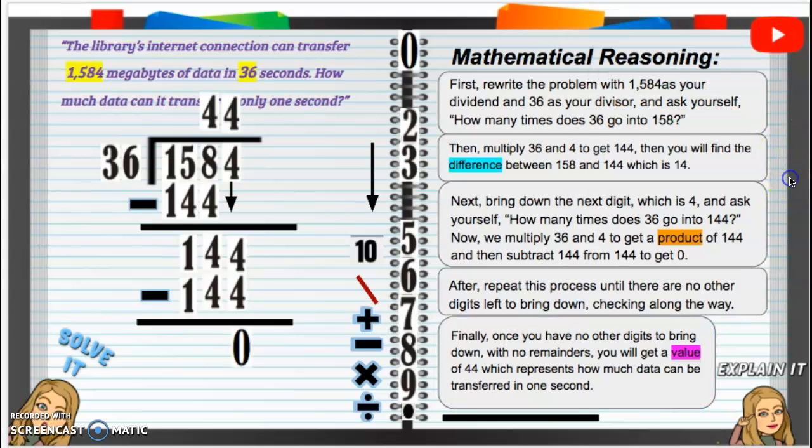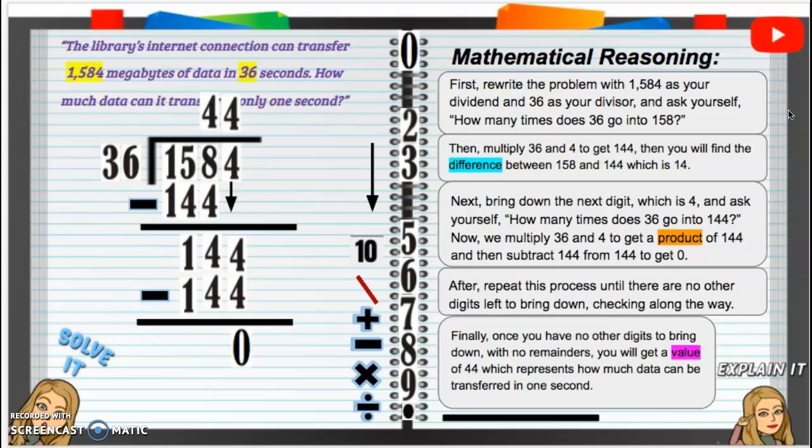All right, so first we rewrite the problem with 1,584 as your dividend and 36 as your divisor. And ask yourself, how many times does 36 go into 158? Then multiply 36 and 4 to get 144. Then you will find the difference between 158 and 144, which is 14.